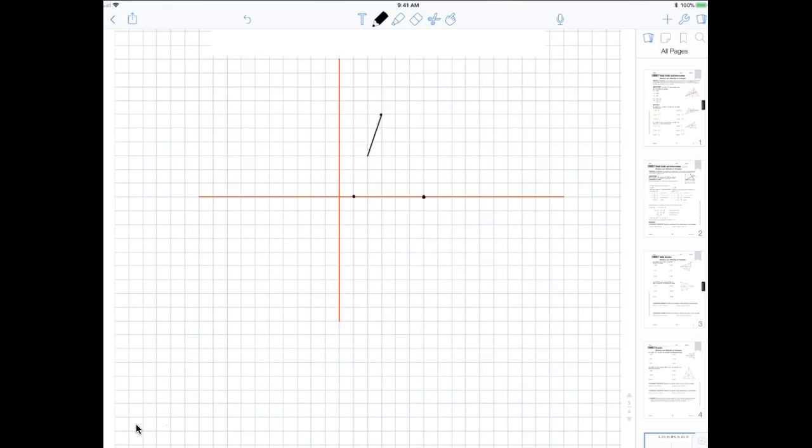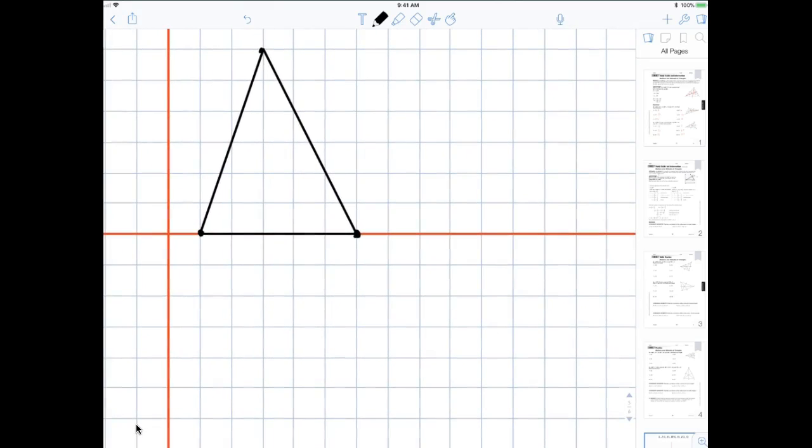Now let's try to draw that line for that triangle. All right, so there's our triangle.